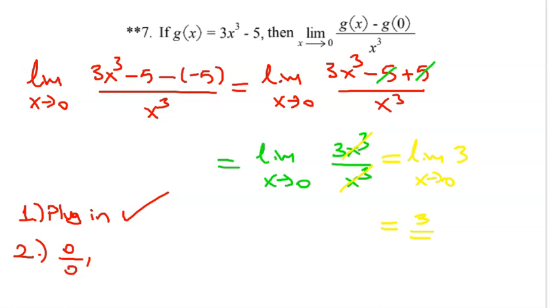Okay. Then if the plug-in method fails, which means if you end up with indeterminate forms, which are 0 over 0 and infinity over infinity, then you need to apply either the factoring method, which is totally dependent on the question, or you can apply multiplying by the conjugate. We're going to solve some questions about that in the practice video. Okay, please stay tuned. We call that method rationalization.